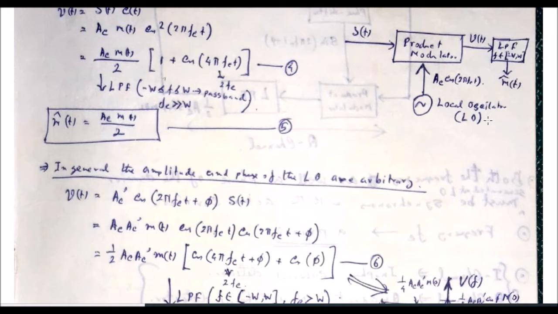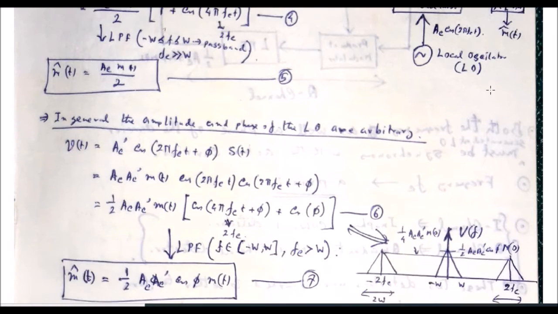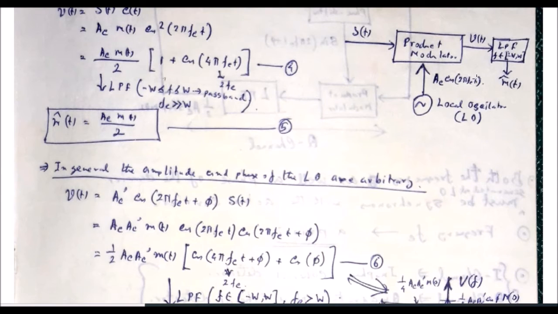It is a practical case. So at the local oscillator there must be some initial phase which will be different from the transmitted carrier. So that phase difference I am considering as phi. Phi is the phase difference between the transmitted carrier and the locally generated carrier at the receiver.